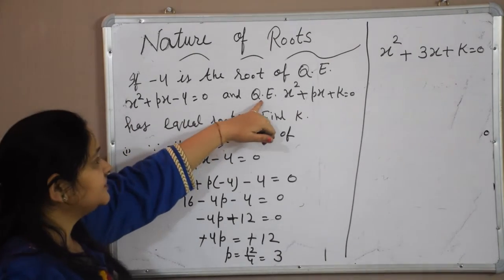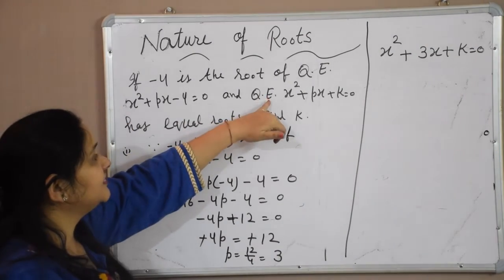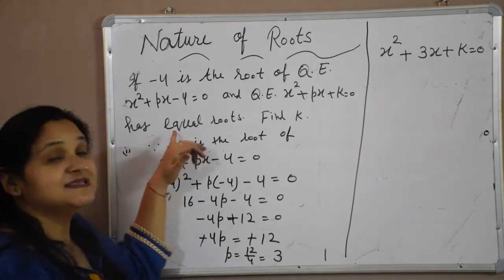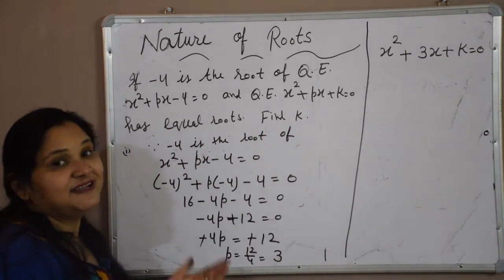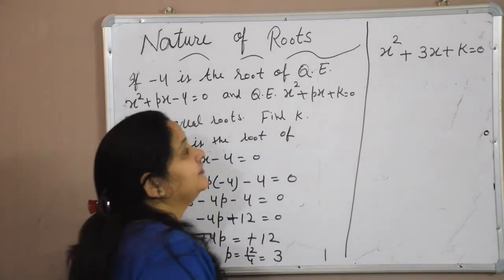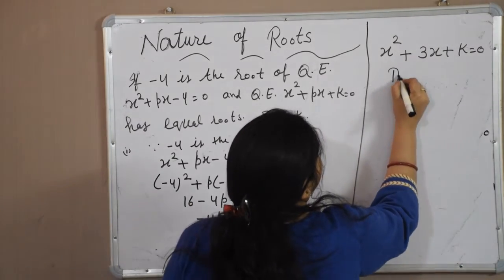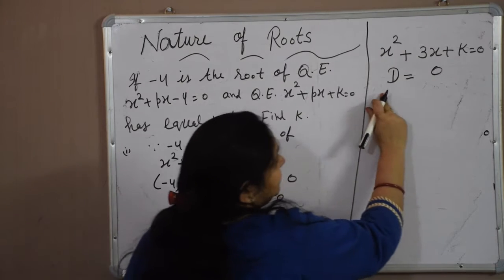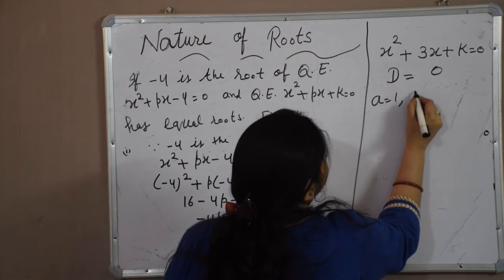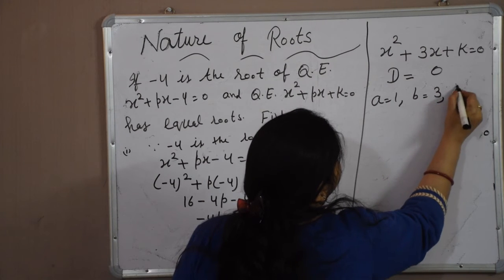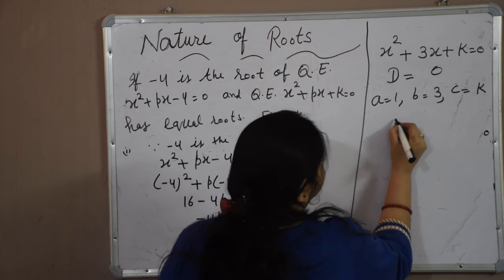And what is the condition with this quadratic equation? It is given that the quadratic equation has equal roots. So we have to find the value of k, and this part we already know how to find. We know that the equation has equal roots, therefore D should be equal to 0, and here a is equal to 1, b is equal to 3, and c is equal to k.